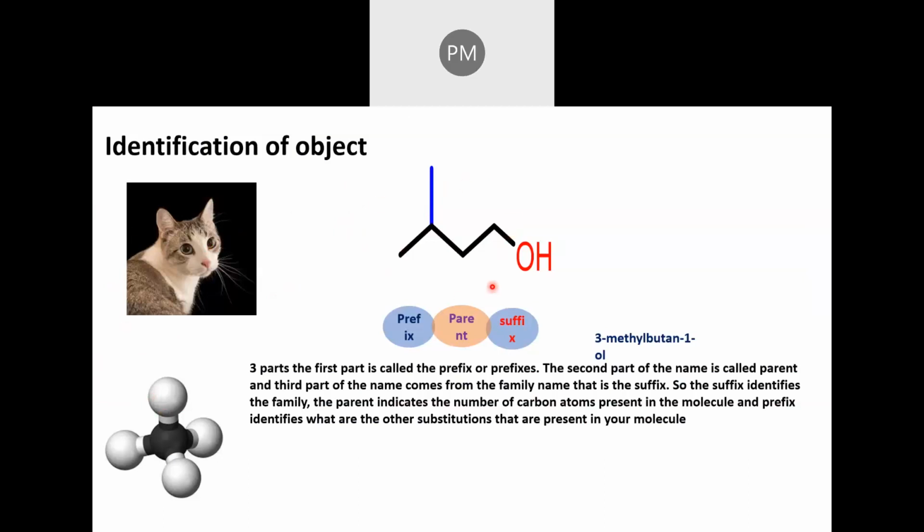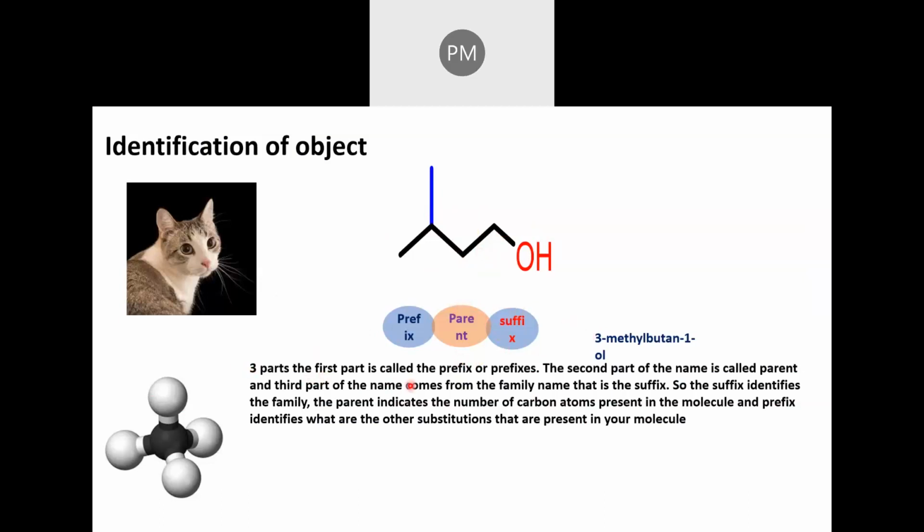To give a name to any molecule, we have to understand that there are three parts. The first part is the prefix. The prefix tells what substituents are added in this molecule. Then the parent: what is the main compound it belongs to. And last is the suffix, meaning the functional group that is present.